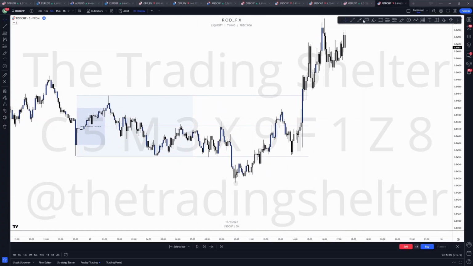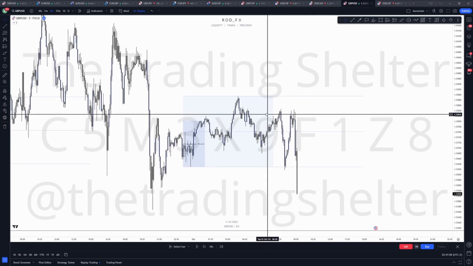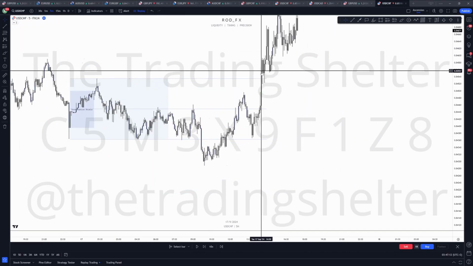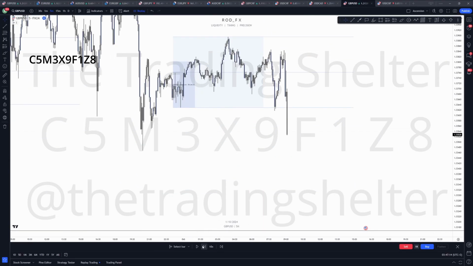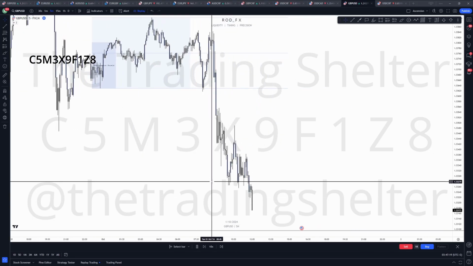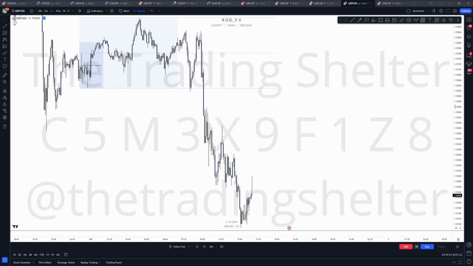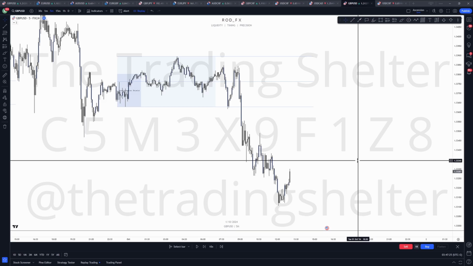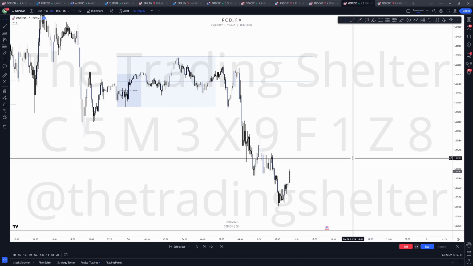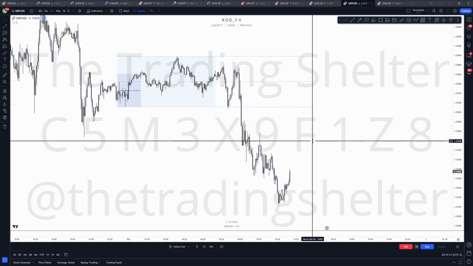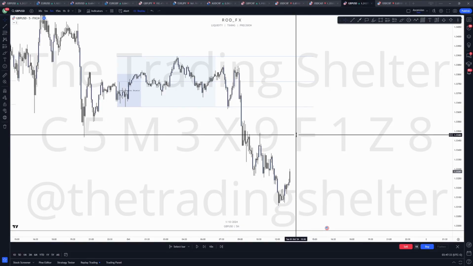And if you see this one, look at all the liquidity above. This one had it here above, and look at this one. Both of those pairs provide similarities. How come they are completely different? And this is stuff that we will be talking about in the future.